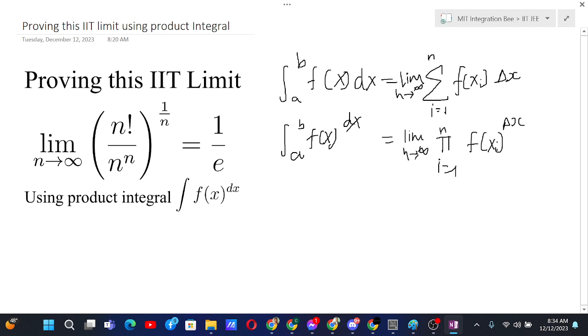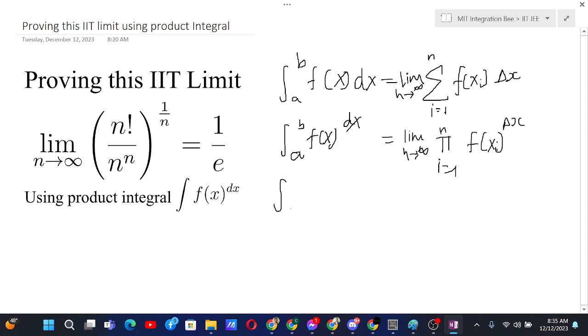So this is our new product integral. And we don't really have formulas for evaluating the product integral, but we can express the product integral in terms of the Riemann integral, and that can be done in the following way.